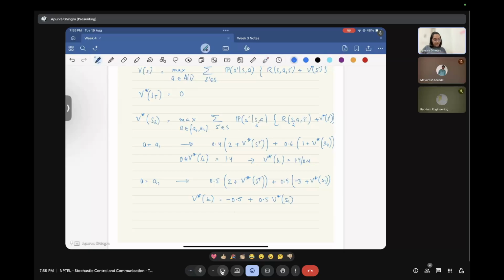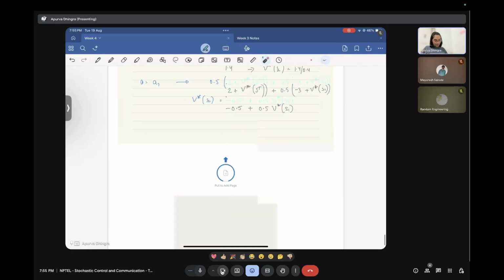Now we can't say which action gives us a higher value because we can't even compute this value independent of knowing what happens at S1. So we need to find out what happens at S1, use that here if that doesn't have any correlations with this one. So let's see what happens for S1.